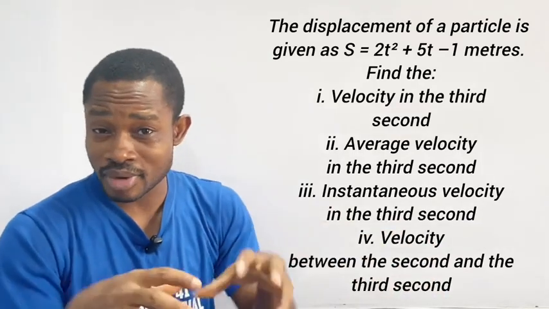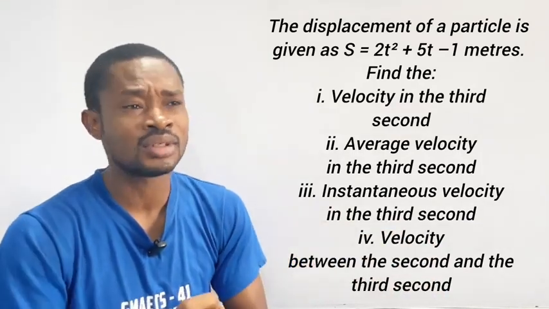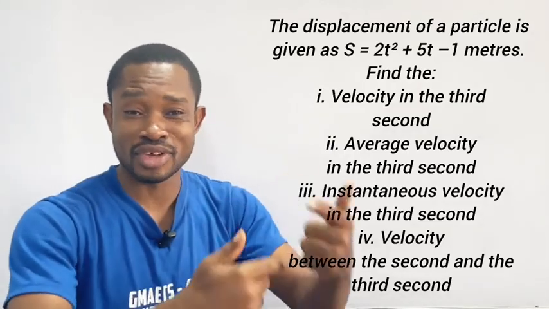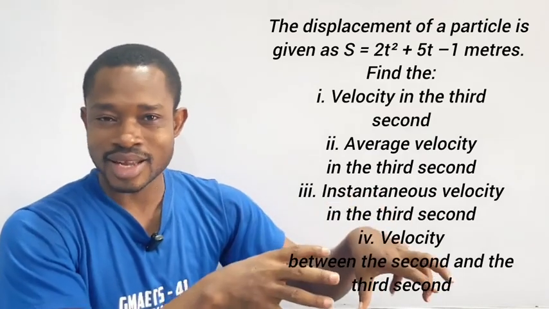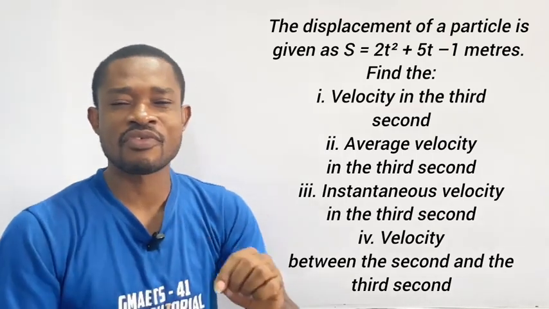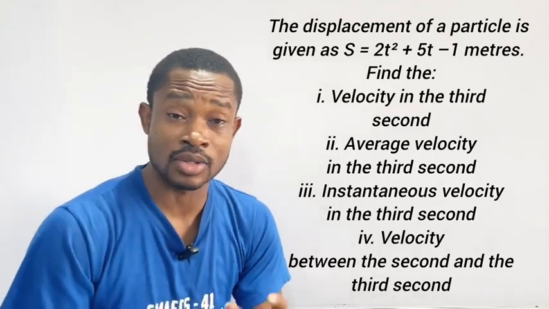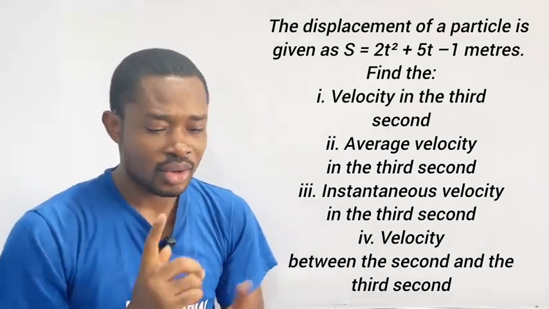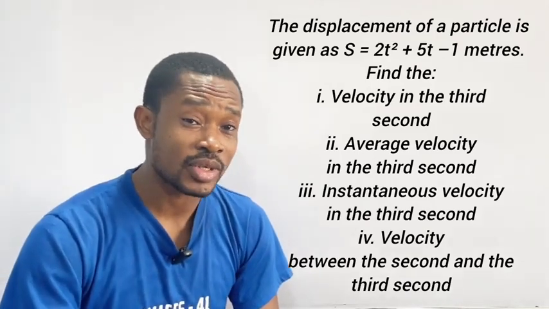That's not much of a problem in this short video tutorial. And then we talk about tangential velocity as well, when you start moving on into circular motion. That's not a problem right away. I want us to look at the concept of average velocity and instantaneous velocity. We're going to solve this question on the board. Are you following? So without wasting time, let us look at how we solve this problem.